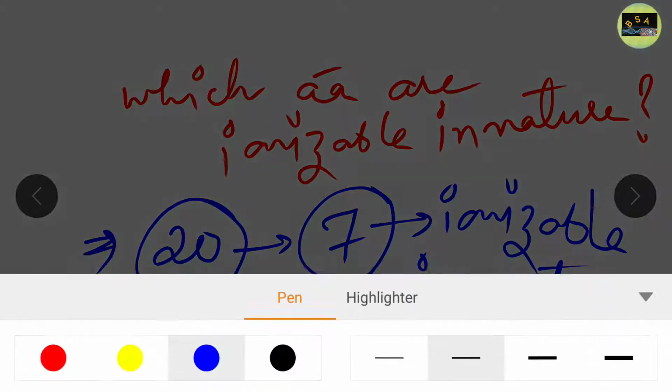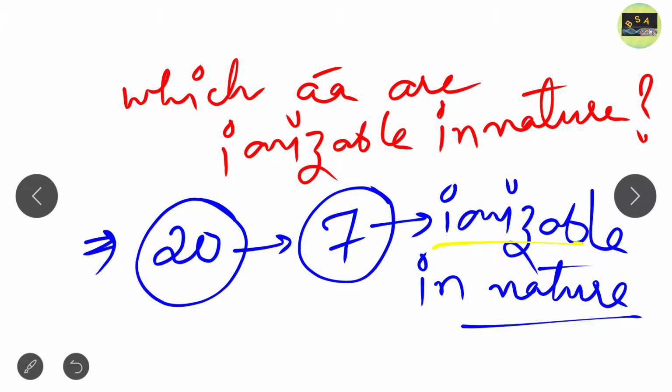This ionizable group is actually their side chain. First of all, you should know which amino acids are ionizable in nature. I already mentioned that there are 7 amino acids that are ionizable in nature.